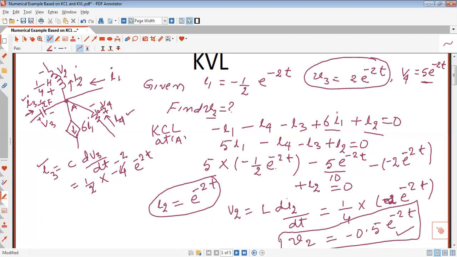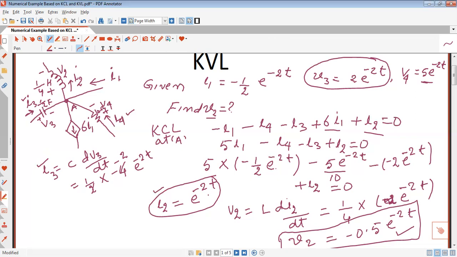After solving it, it becomes minus 2 e to the power minus 2t. So I3 is written as minus 2 e to the power minus 2t and I2 is not known. So plus I2 equal to 0. Solving this equation, we will get the value I2 equal to e to the power minus 2t.